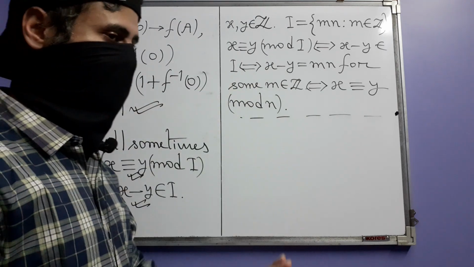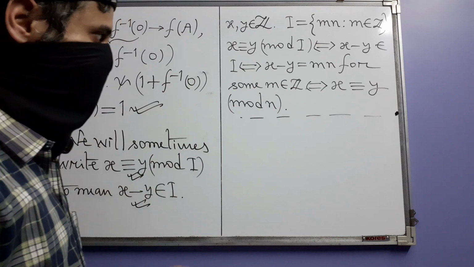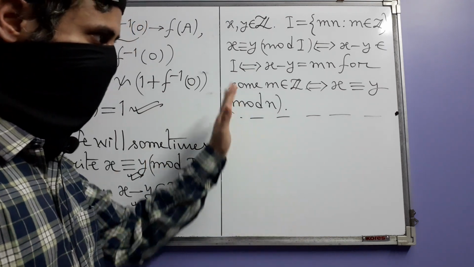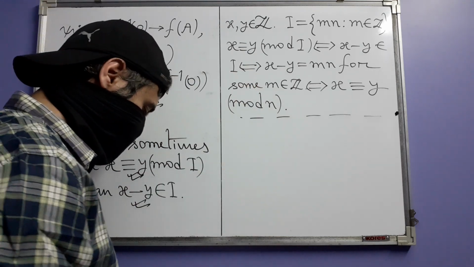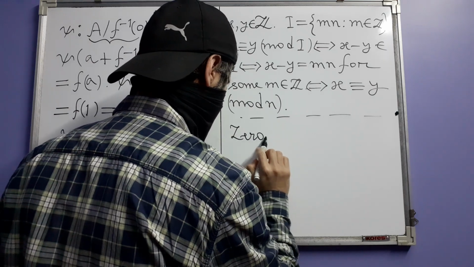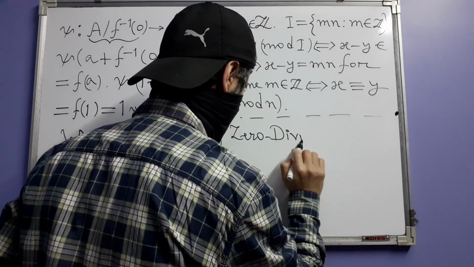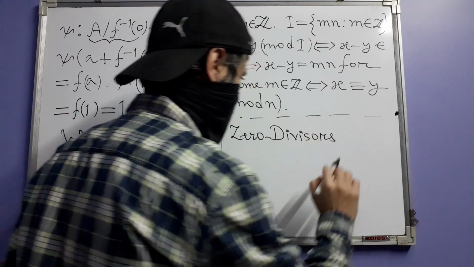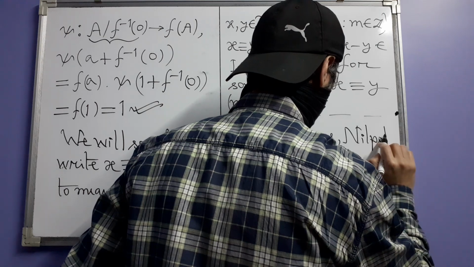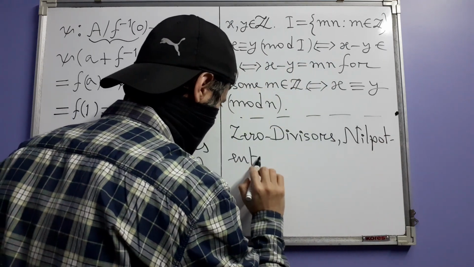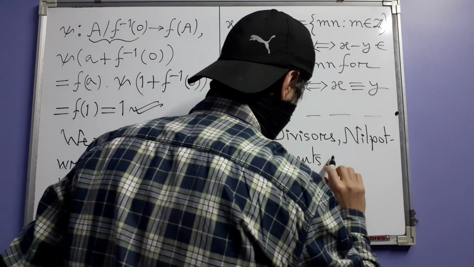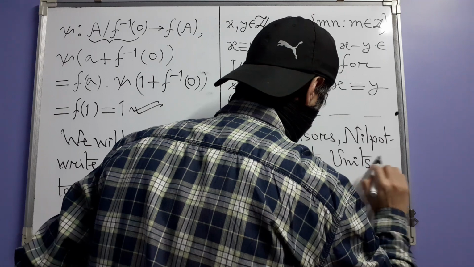Alright, so that much we had to say, or rather the authors had to say, about ideals and quotient rings. Many more things are coming, but these are the preliminary things that we already know. Next comes zero-divisors, then nilpotent elements and units.